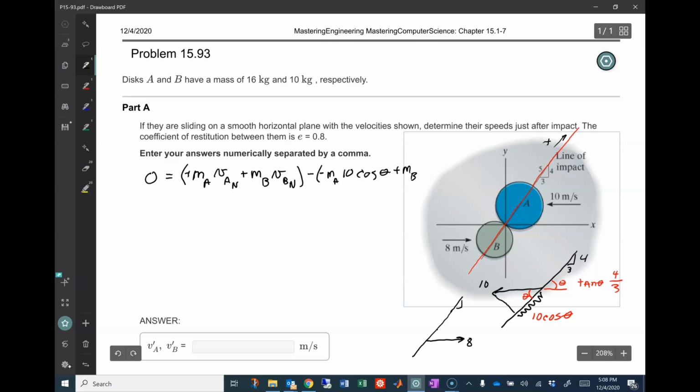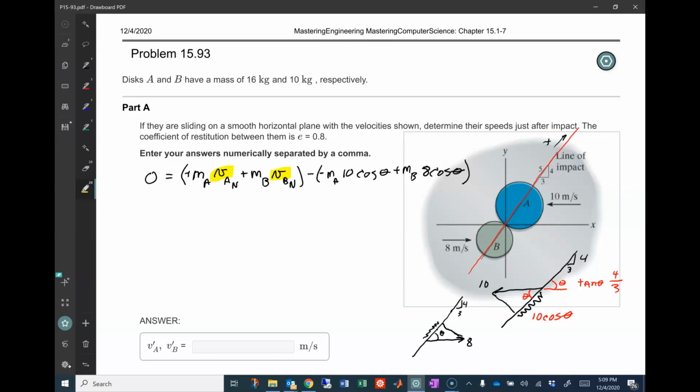This is a 3-4-5, so this angle right there is theta, and I'm dropping that guy back there. I'm looking for this piece right here, so that would be 8 times the cosine of theta, and he's headed in the positive direction, so that's why he's plus. How many unknowns do I have? I don't know what B is doing afterwards, and I don't know what A is doing afterwards, but everything else is known because I have masses, etc. Now that gets me the normal direction.